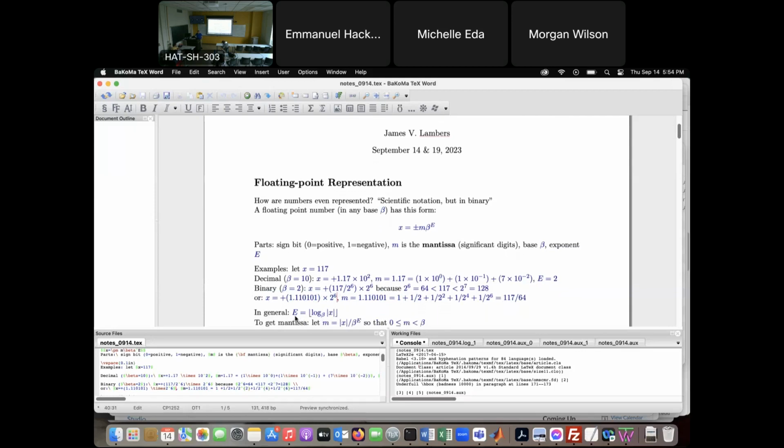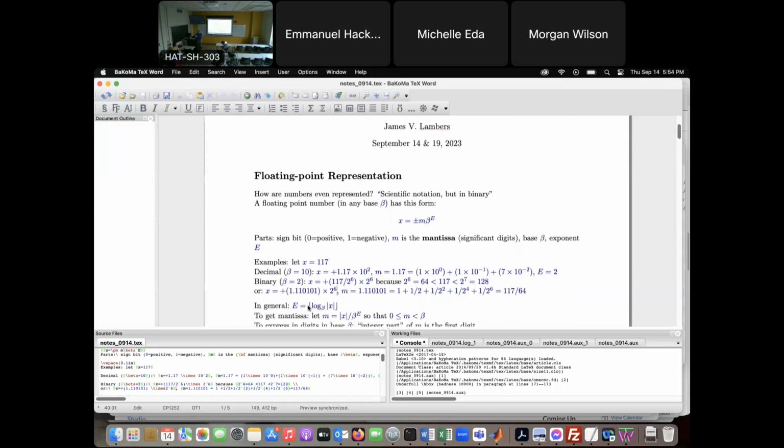Here's a formula for the exponent. You take the absolute value of your number, and you take a logarithm in whatever base you're working with, 10 or 2 or whatever, and then this notation, the weird bars with the little feet on them, that's floor, a floor function.